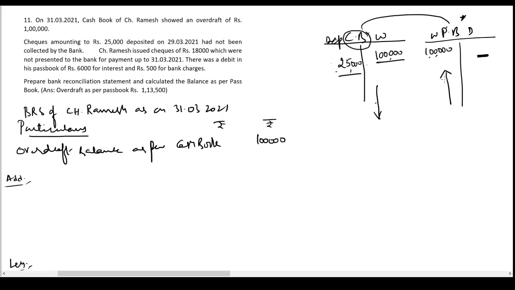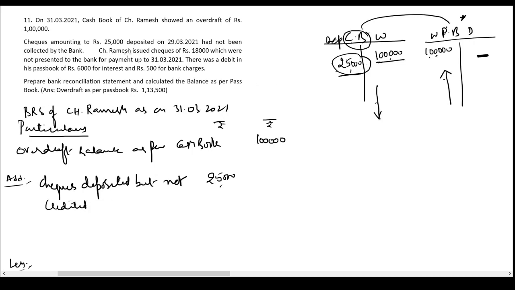Passbook is showing a higher balance. Cash book is showing a lower balance by 25,000. So to make cash book equal to passbook, I have to increase cash book by 25,000. Checks deposited but not credited.